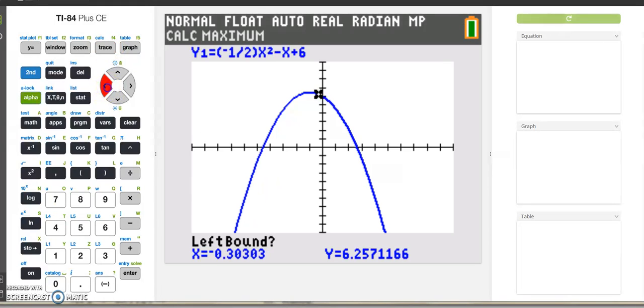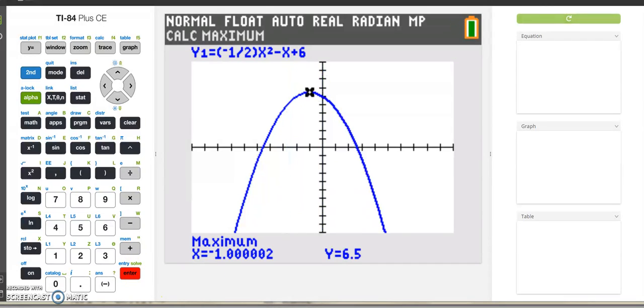I'm going to scroll over for my left bound. Looks good. Press enter. I'm going to scroll to the right for my right bound. Looks good. And then I'm going to press enter.